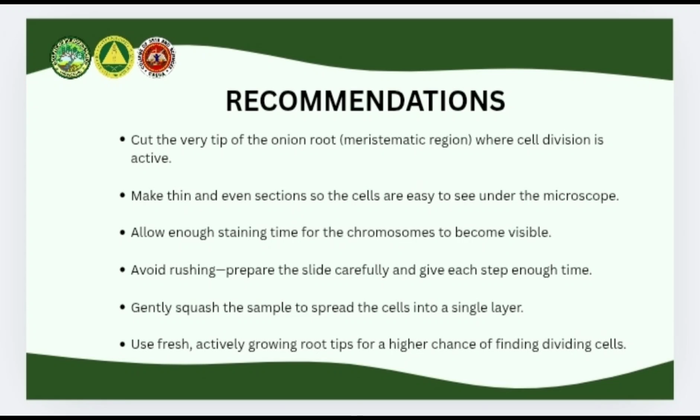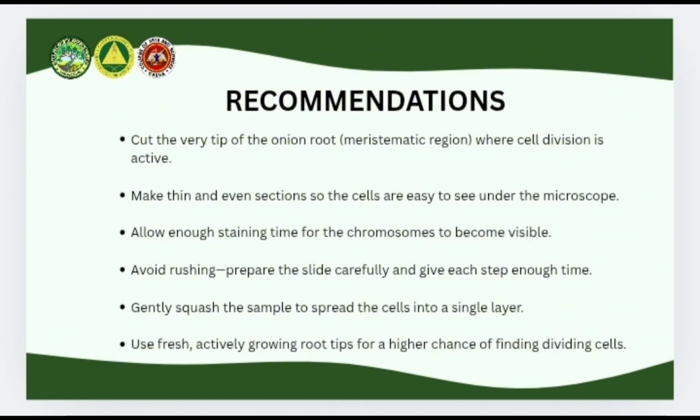We did it wrong because we honestly weren't prepared, and so we didn't search for how to do it properly. It's also important to allow enough time for staining so the chromosomes become visible, and avoid rushing. Careful preparation at each step can make a big difference.